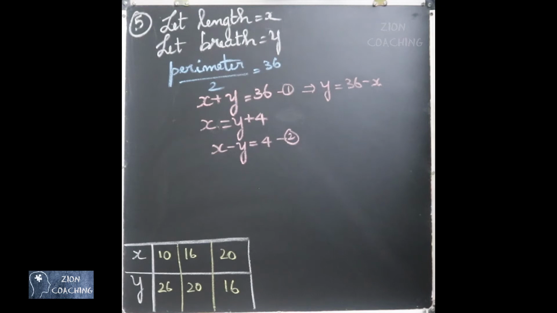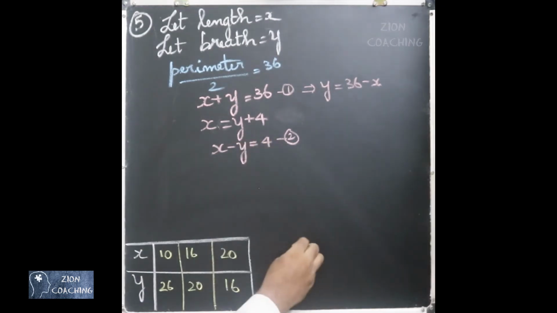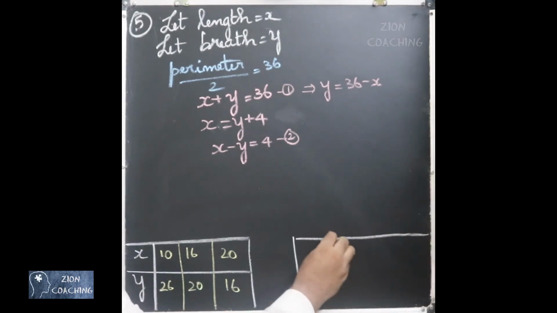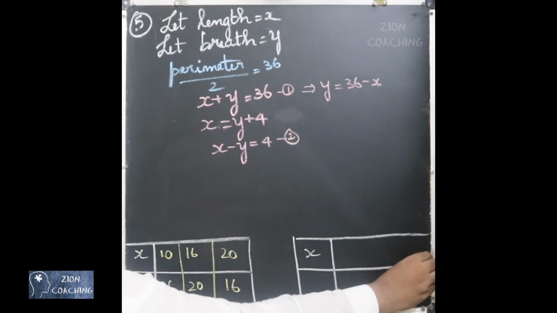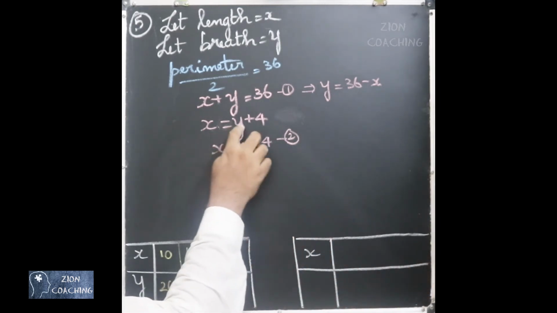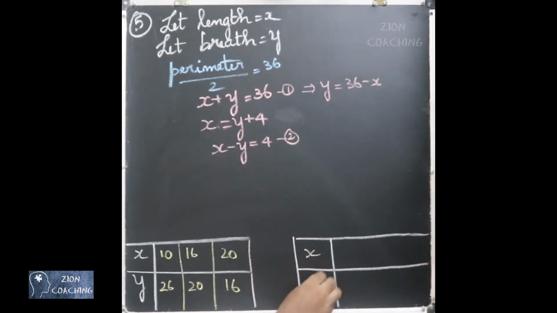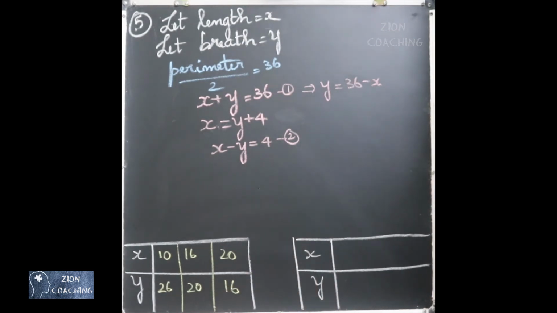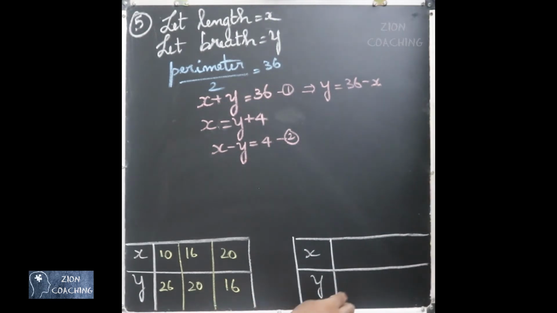Similarly, we will find the coordinates for the second line here. Here x is equal to y plus 4. So I am going to give values for y and find the corresponding values of x. Now first we will give 10.